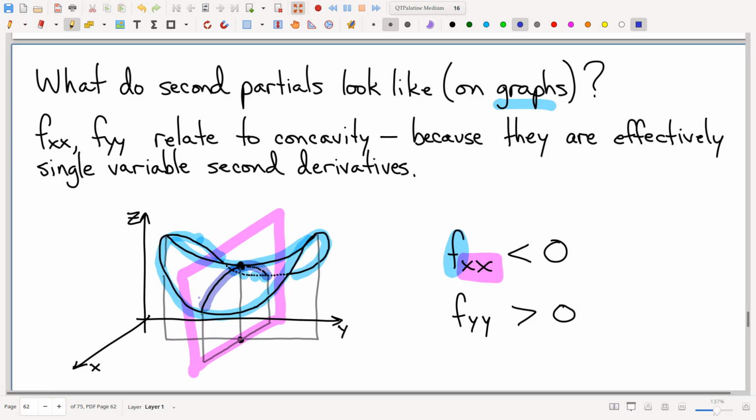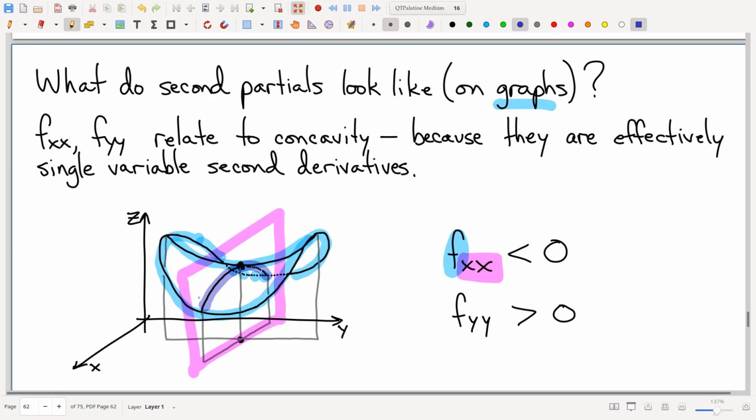Okay, well, fxx says to that cross section we're going to take the derivative in the x direction. Well, of course in the x direction. We've already agreed y is a constant. This is a function of one variable now, so it's just the derivative of this function of only x. And then we're taking another derivative.